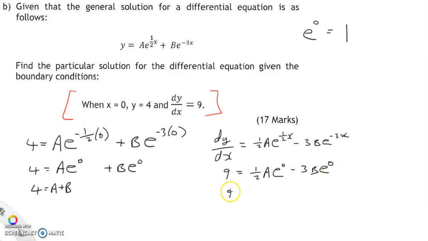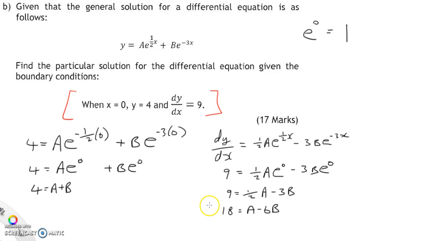So we're going to have 9 equals a half times a minus 3 times b. Now, tidying this up, we can multiply all across these three items by 2. 2 nines is 18. 2 halves is 1, so we'll have 1a. And 2 minus 3s will be minus 6b.